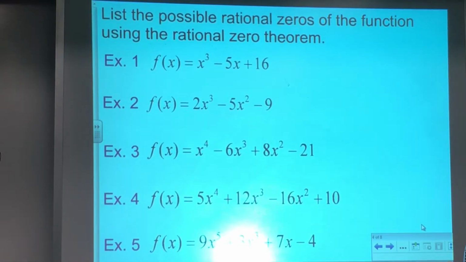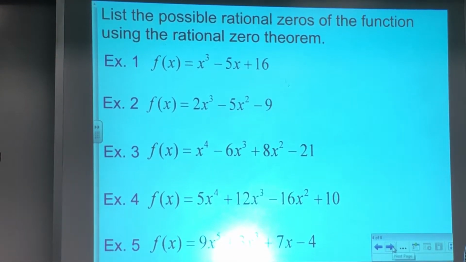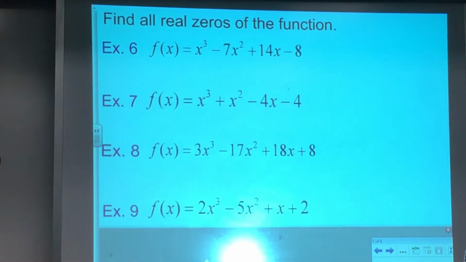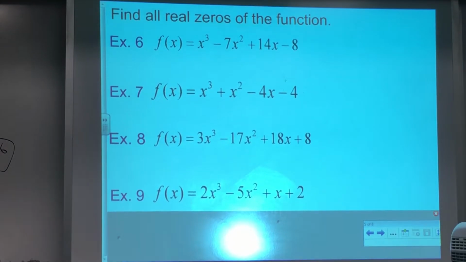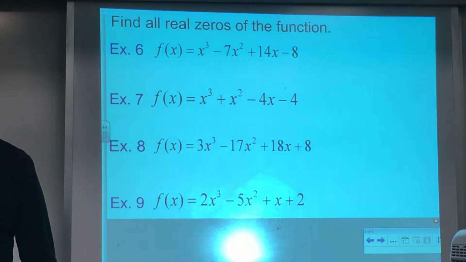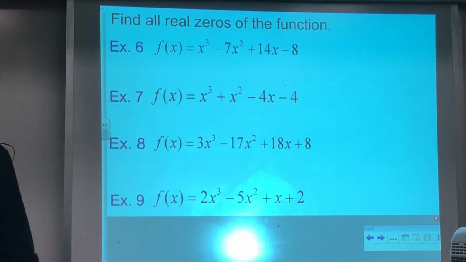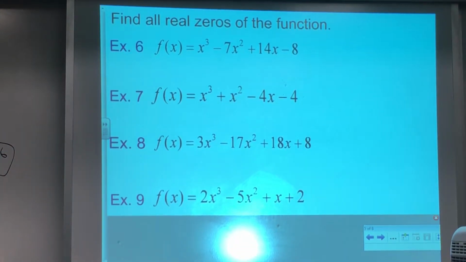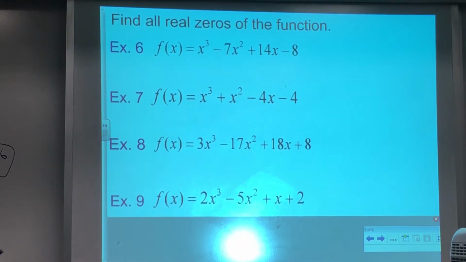All right, so let's go ahead and get into the other stuff, which is solving. How do we find all the real zeros of the function? We have to use the rational zero theorem, which says that we have to use P over Q. So let's get started with number 6.